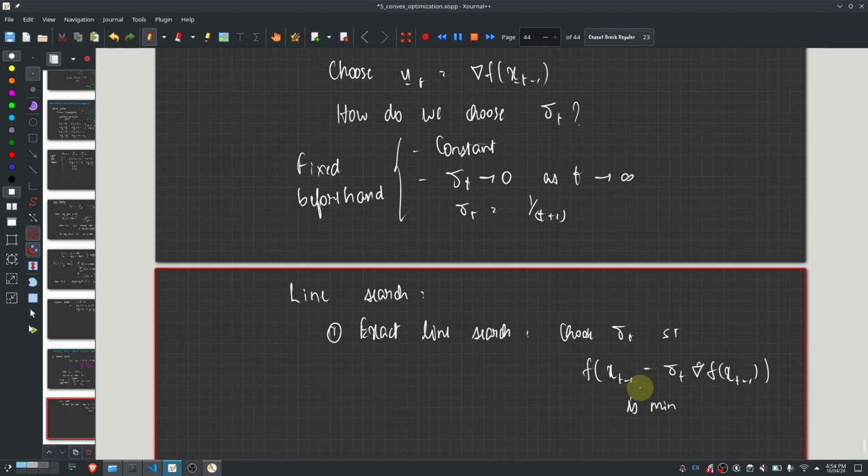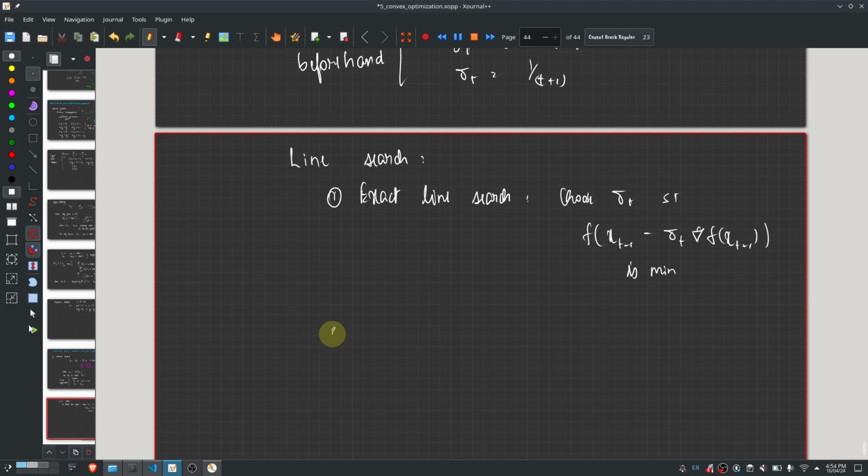And this is what you did in your first assignment. You saw how constant step size compares to exact line search, and in general you will require fewer steps using exact line search compared to constant step size. But the problem is that in each case you will need to compute the gradient, and that itself is computationally expensive. It's not that we're doing this exact line search for free. There is some computation involved. So it certainly converges faster, but it's also more expensive.